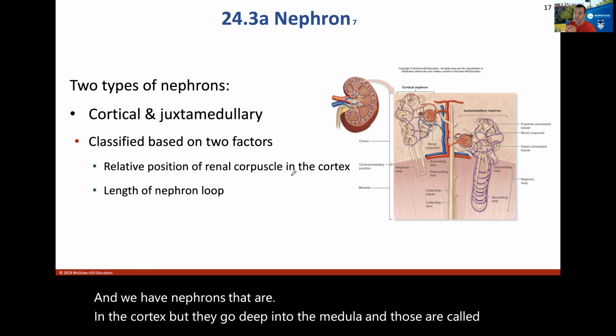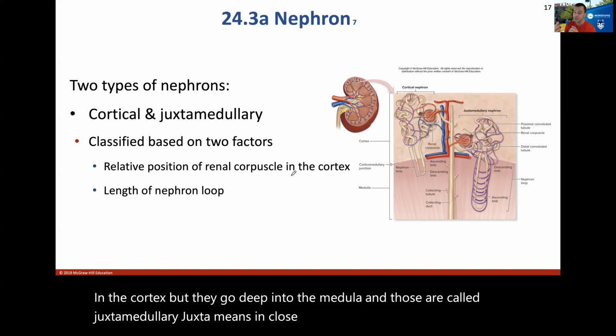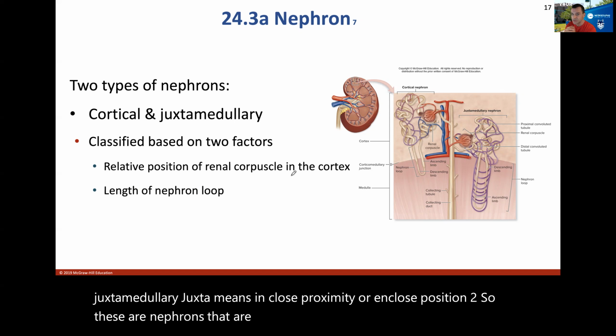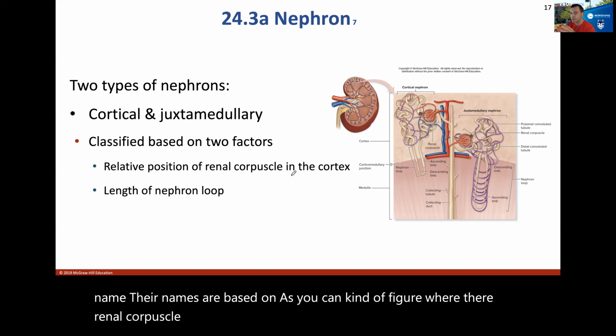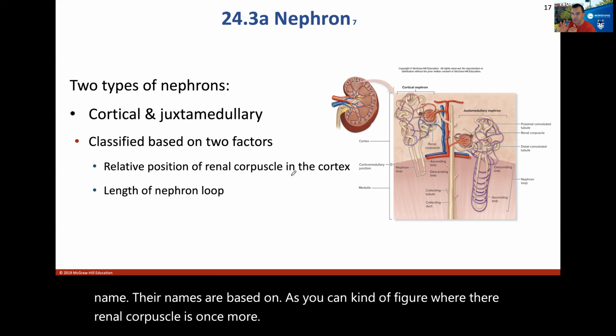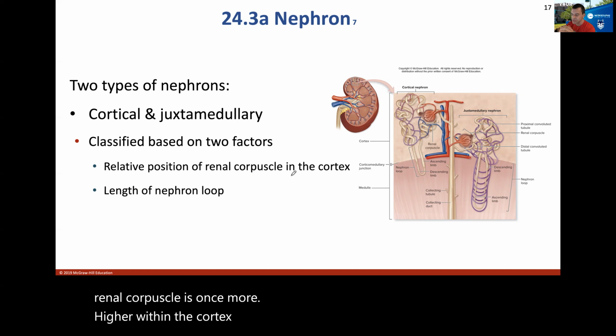Juxta means in close proximity or in close position to. So these are nephrons that are in close proximity to the medulla, hence the name.